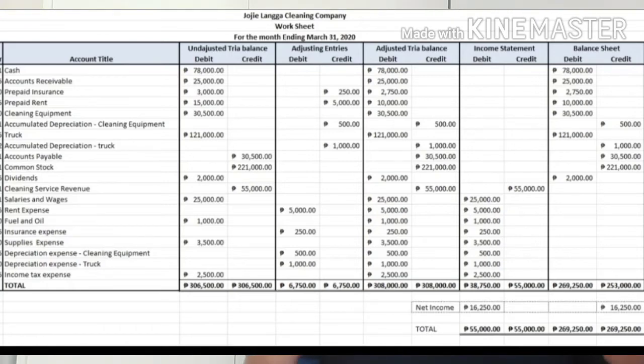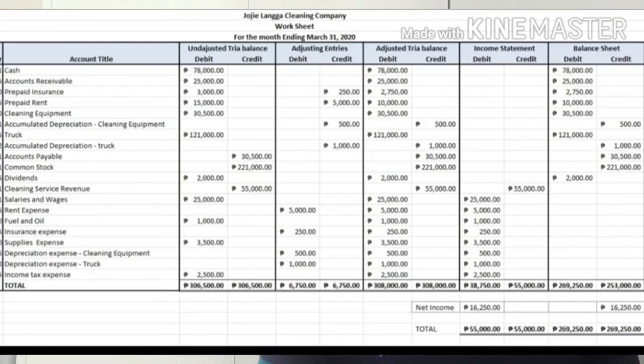What is the rule? Debit plus debit, add. Debit, credit, deduct. Credit, credit, add. And credit, debit, deduct. We will do it one by one.